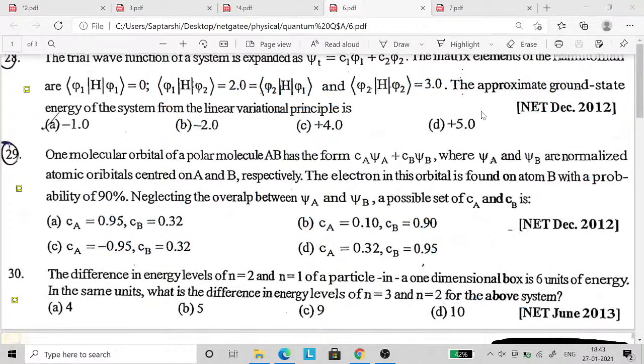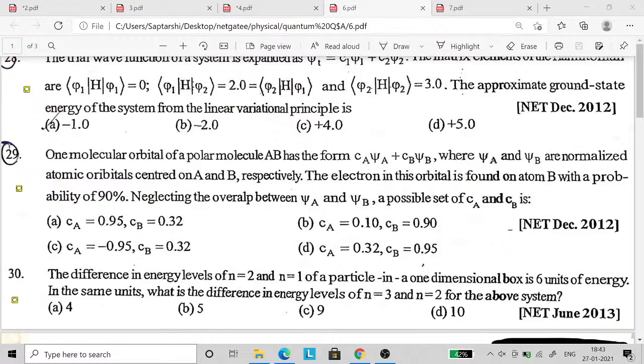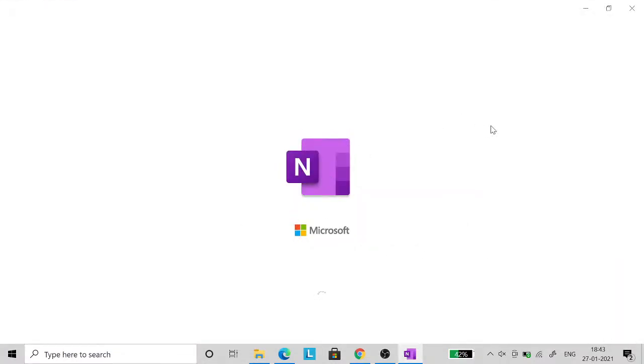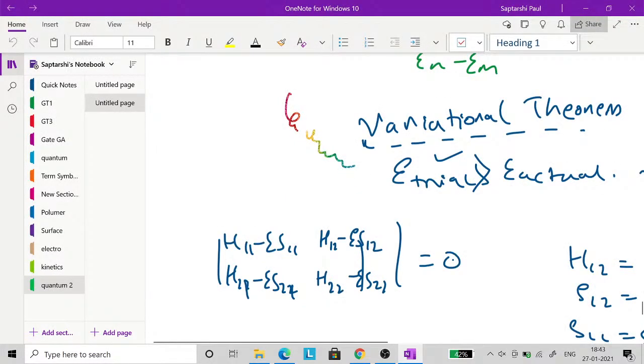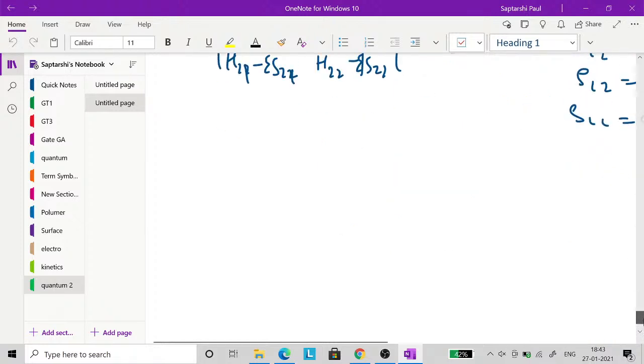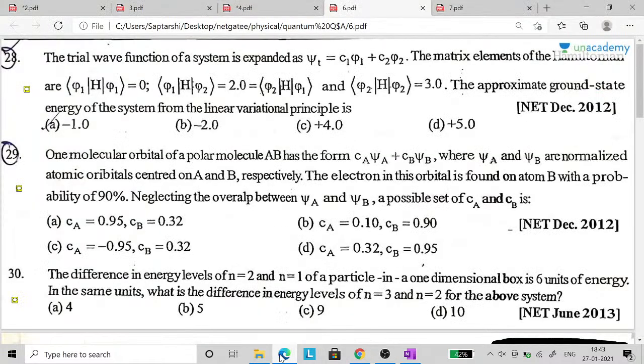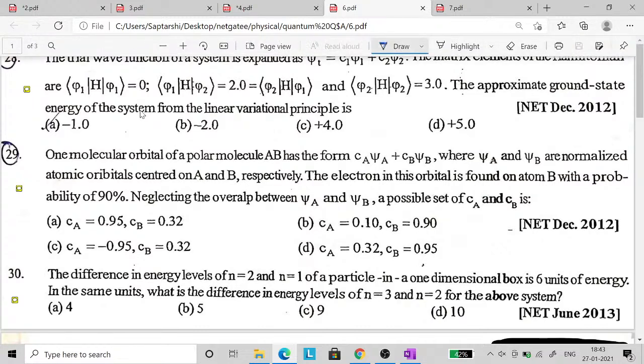So this is your h11, this is your h12, this is your h21, this is your h22.